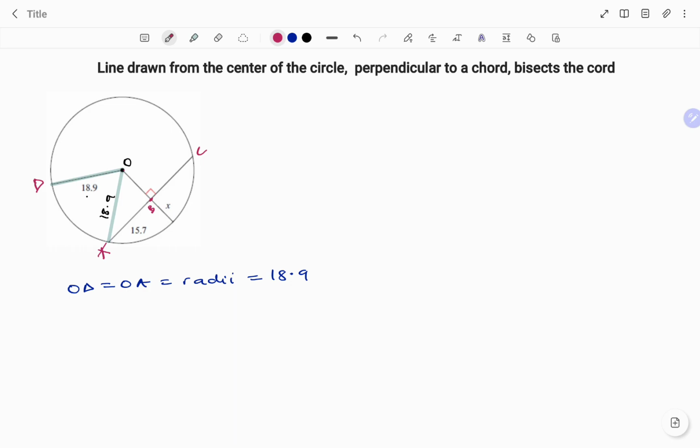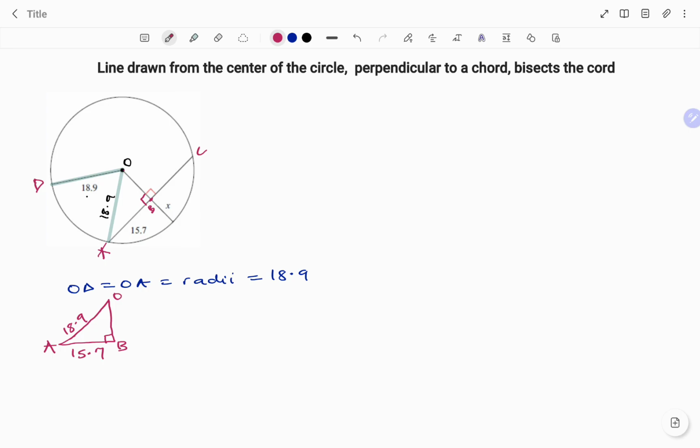On a straight line, the angle is equal to 180 degrees. So if this is a right angle, this is also a right angle. So I'm going to draw out a rough sketch of that triangle. This is a right angle. I have my O, I have B, I have A. My OA has been given as 18.9 and my AB has been given as 15.7.